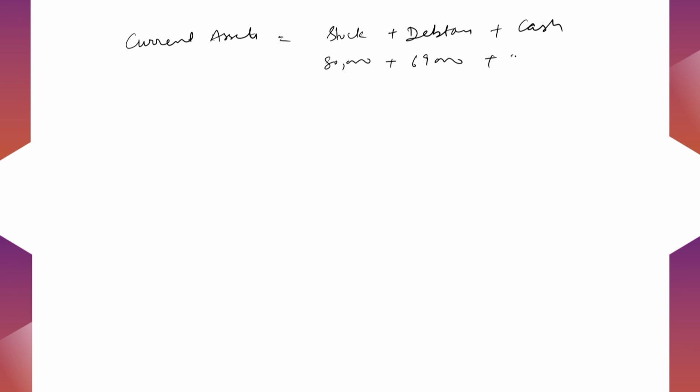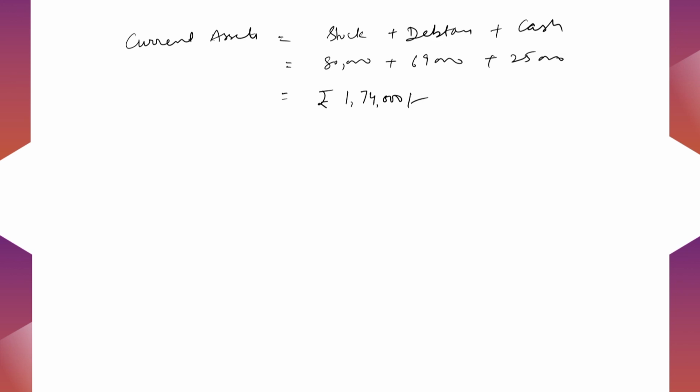So in the question, the current assets are comprised of stock 80,000, debtors 69,000, plus cash balance of 25,000. So the total of the three items is 1,74,000 rupees.